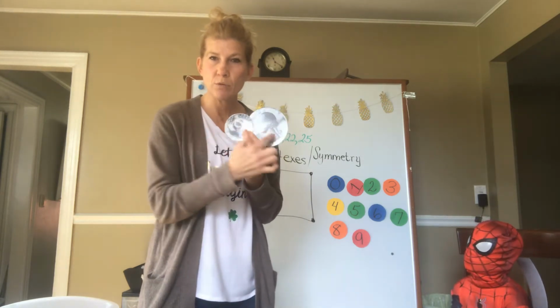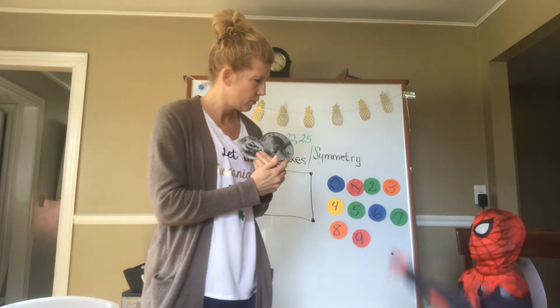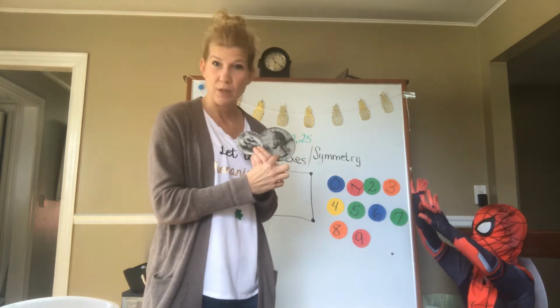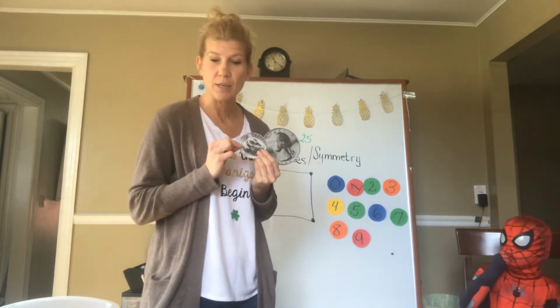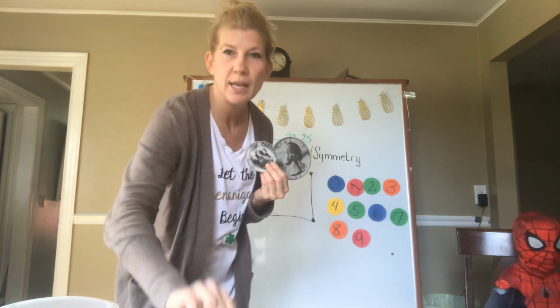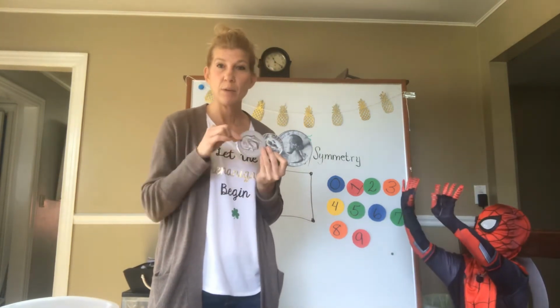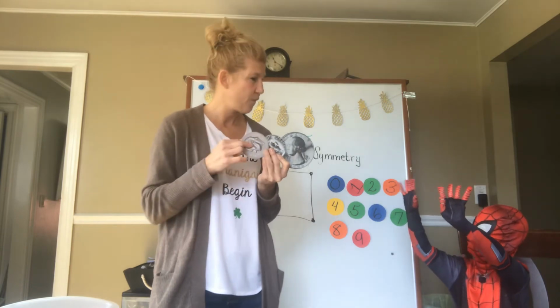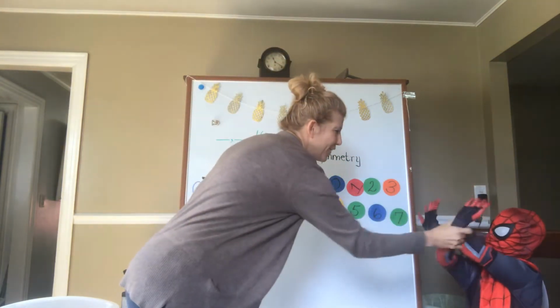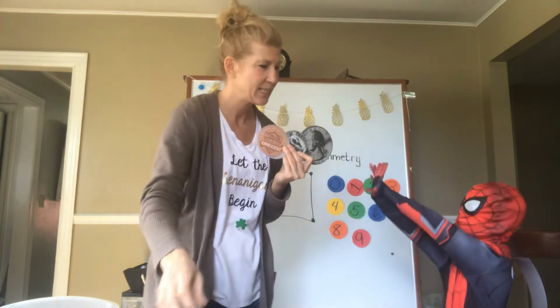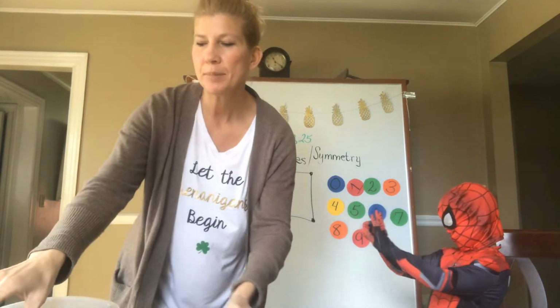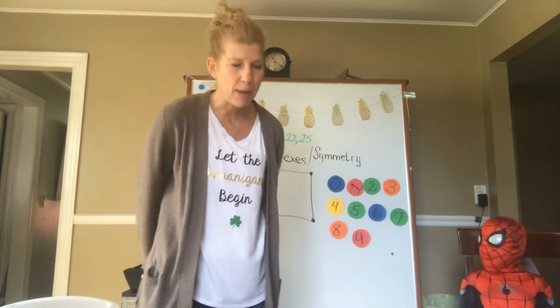Can you add those two together? 25, 35. Good. Spidey said 35. What if I add another dime? 25, 35. I'm still counting by tens. 45, Spidey says. Add a penny. 46, 47, 48. Good.